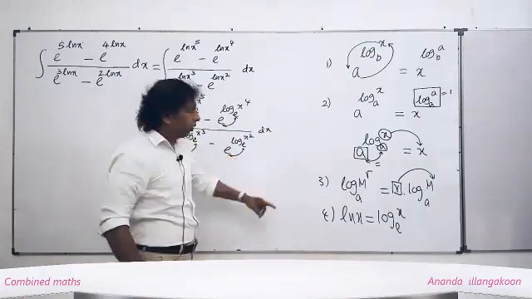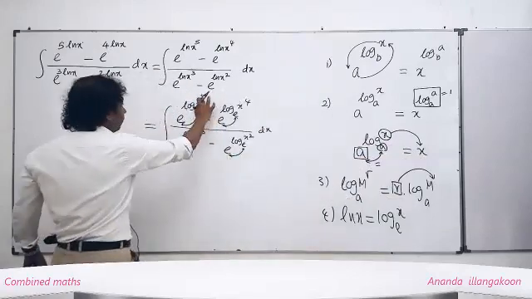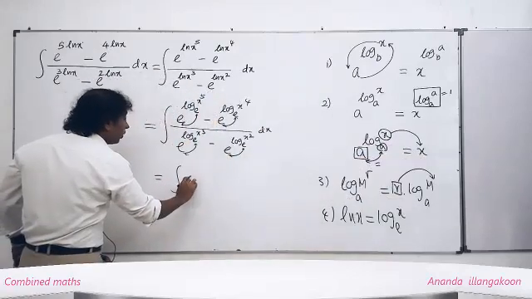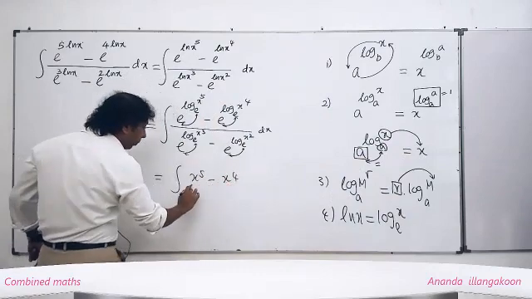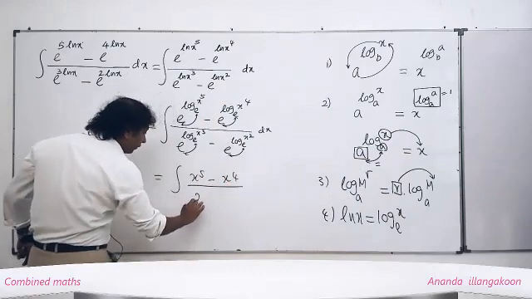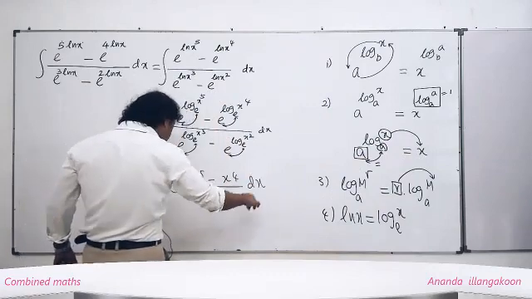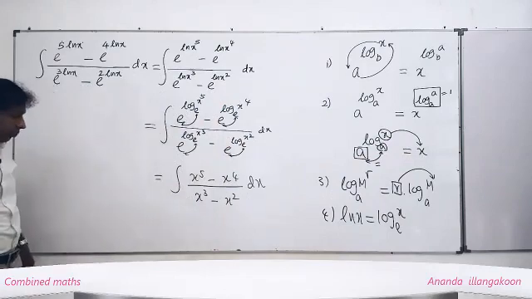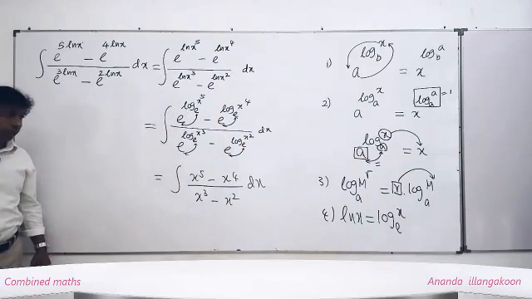Then you can apply this result. What? These two are equal, so this is the answer x. Then what is the answer of this? x to the power 5 minus x to the power 4, divided by x to the power 3 minus x squared. This is what we get. Now what do you get, people?